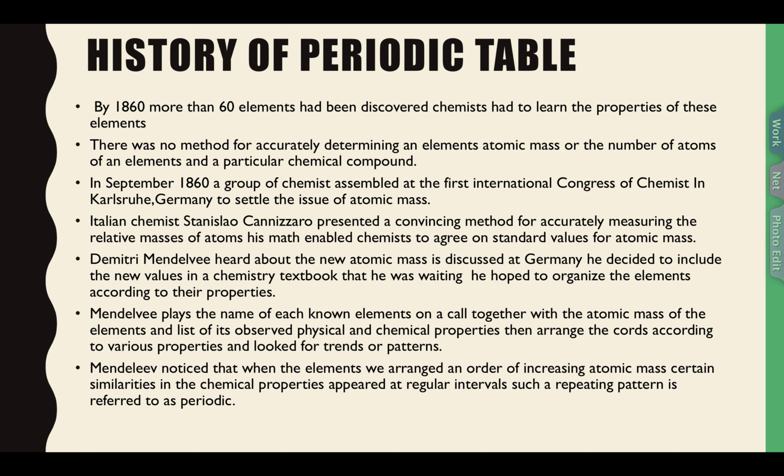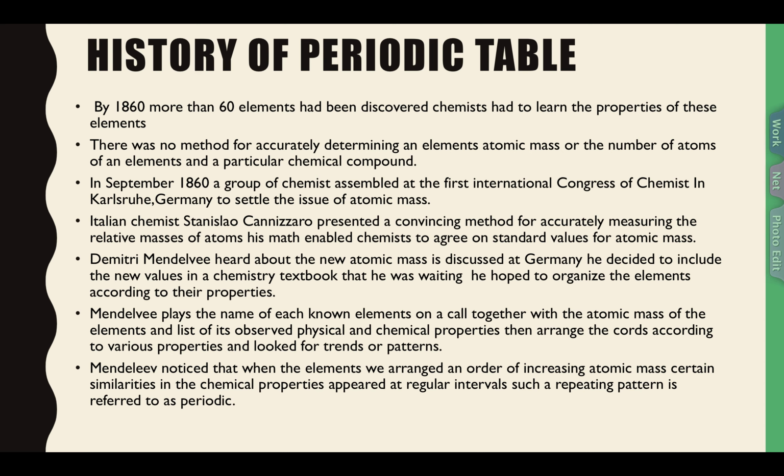An Italian chemist called Stanislao Cannizzaro presented a convincing method for accurately measuring the relative masses of atoms. His method forced chemists to agree on standard values for the atomic mass.